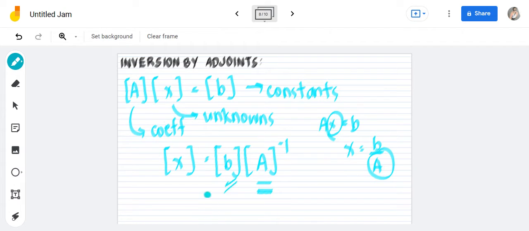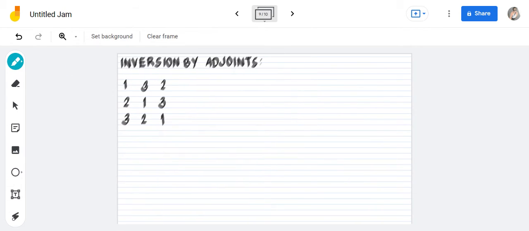We know your constants, so we can solve for our unknowns already.